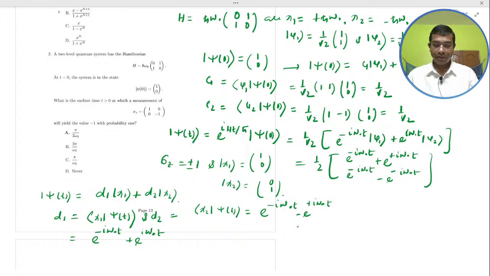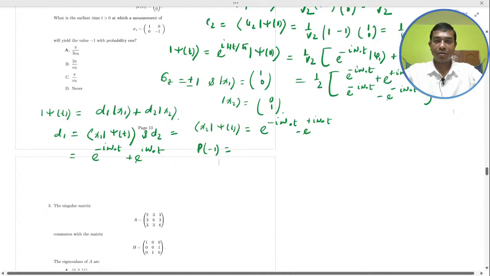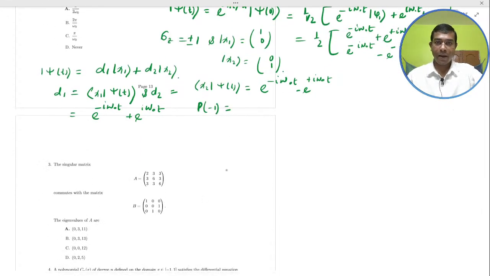When sigma z operates on psi t, the outcome will be plus or minus 1. Now for the probability of outcome minus 1, it is mod d2 square. This will become what?